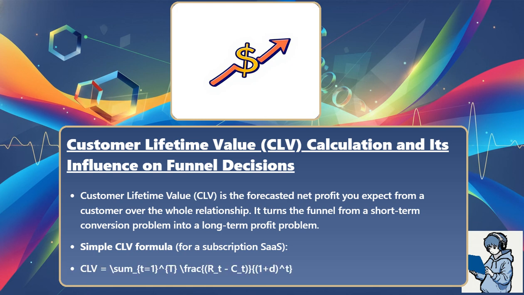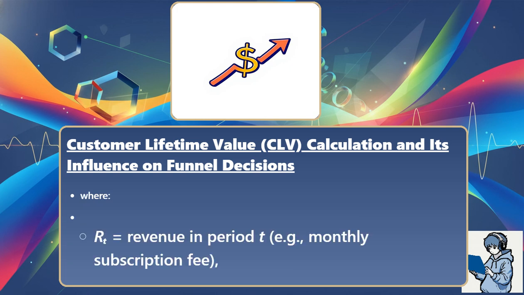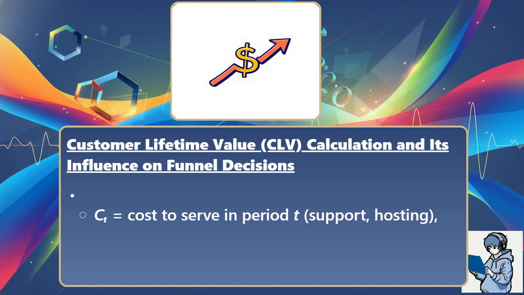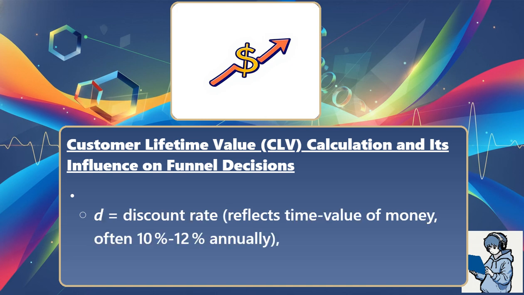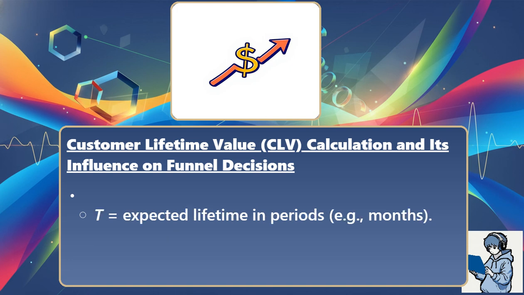CLV equals the sum from t equals 1 to T of (R sub t minus C sub t) divided by (1 plus d) to the t, where R sub t equals revenue in period t, for example monthly subscription fee. C sub t equals cost to serve in period t, such as support or hosting. d equals discount rate, reflecting time value of money, often 10% to 12% annually. T equals expected lifetime in periods, for example months.